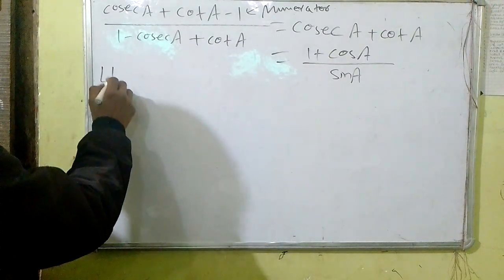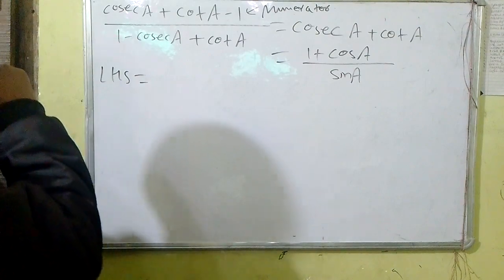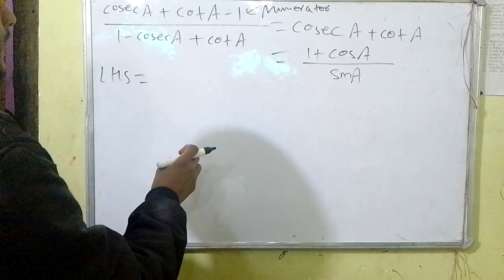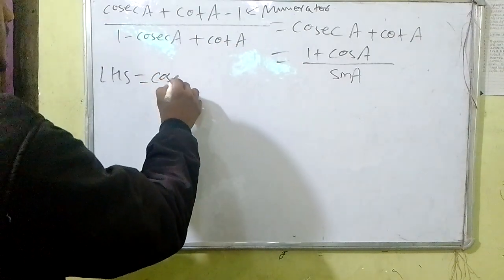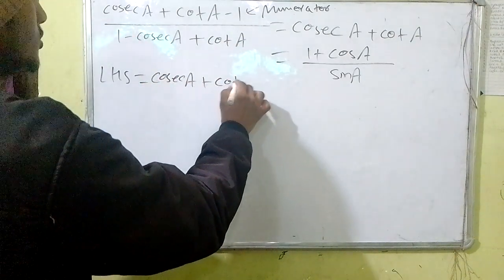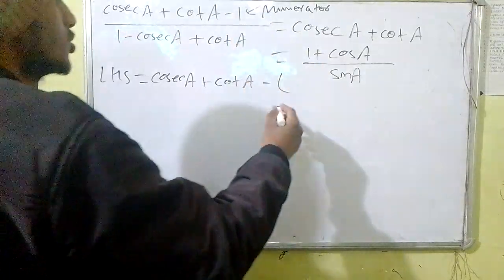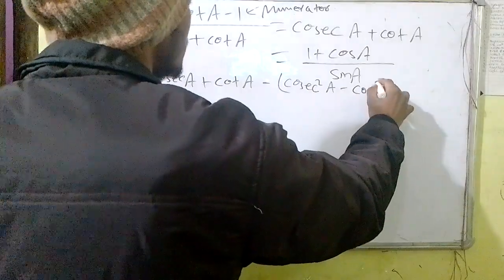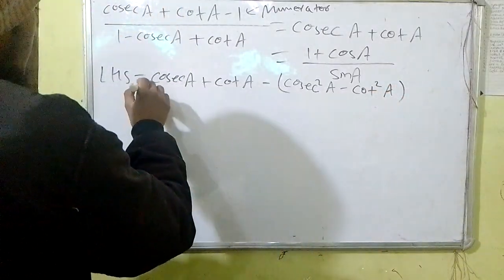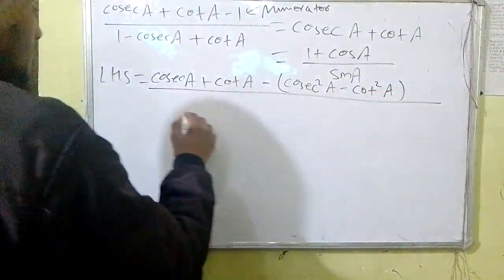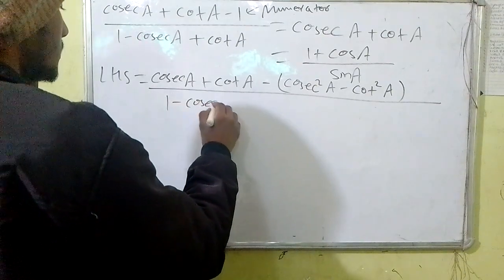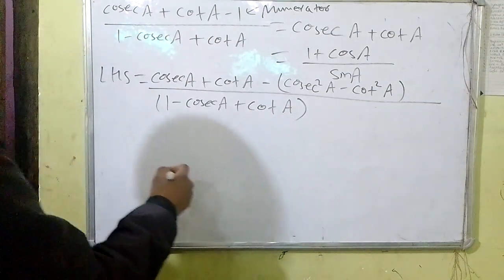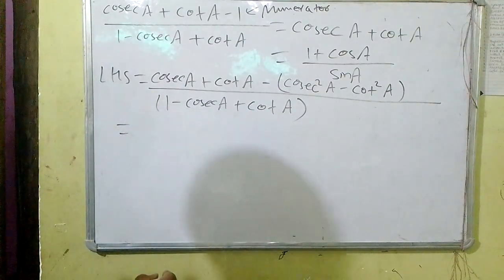Okay, so this is why you have to replace the numerator, in the numerator part, this 1 by the identity. So this will become cosecant A plus cotangent A minus, so 1 should be replaced now with cosecant square A minus cotangent square A divided by 1 minus cosecant A plus cotangent A. So this is what it should become.